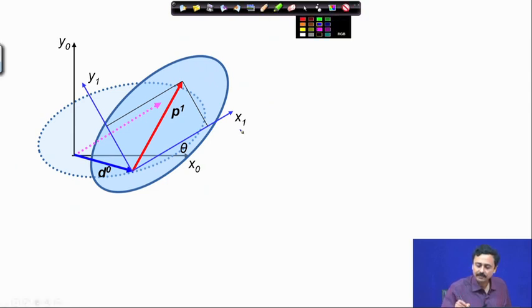So, I have the frame x 1 y 1 here which is fixed with the body, and the point P is currently here.